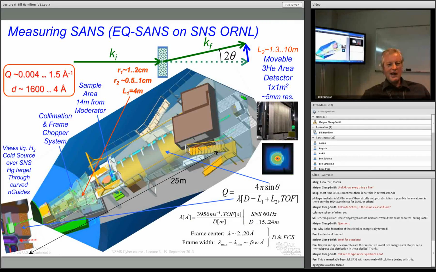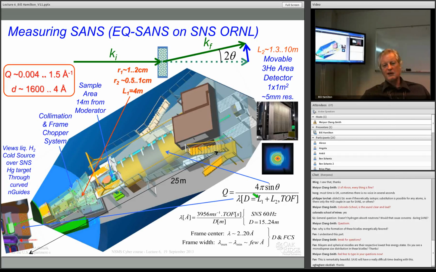And here again is EQ-SANS, which I mentioned last time, which is the extended Q-range SANS here at SNS. Essentially, it's the same deal, except that I look at a cold moderator, which is off the SNS's mercury target, which gets hit 60 times a second by a proton beam, sends hot neutrons into this, which are cooled down by hydrogen, and flash out along this instrument, which is 5 meters long.